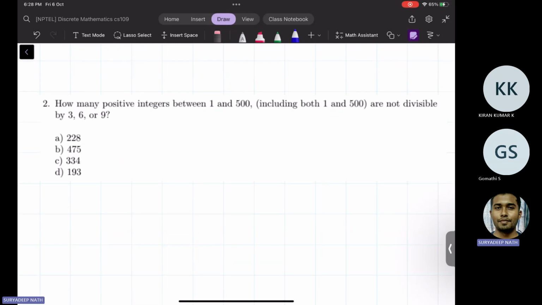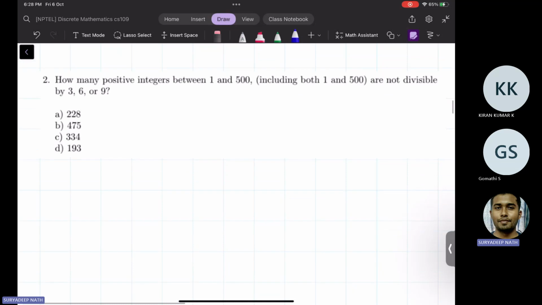So the next question is: how many positive integers between 1 and 500, including both 1 and 500, are not divisible by 3, 6, or 9?